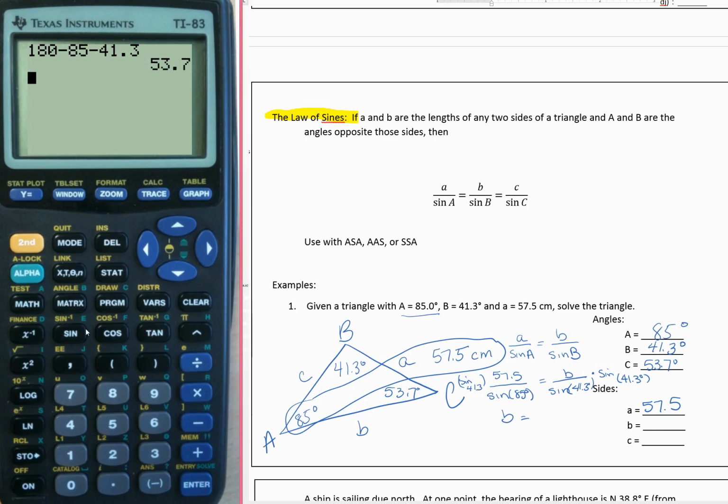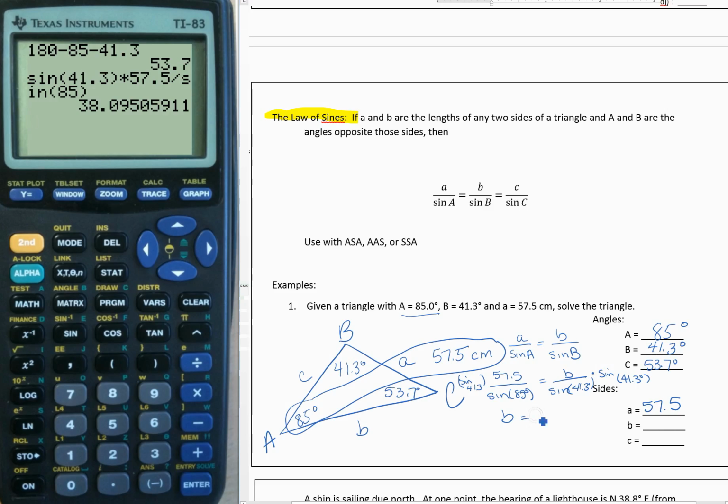So we can put sine of 41.3 times 57.5 divided by sine of 85 degrees. Okay, and we can round to one decimal place, so we see b is 38.1 centimeters.